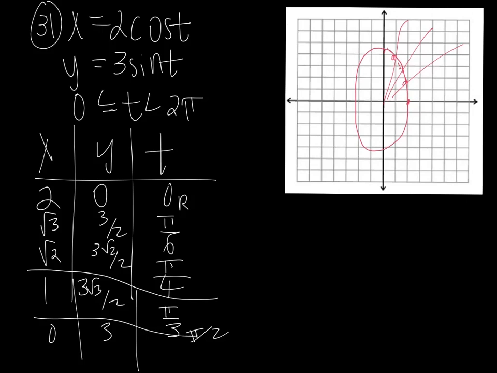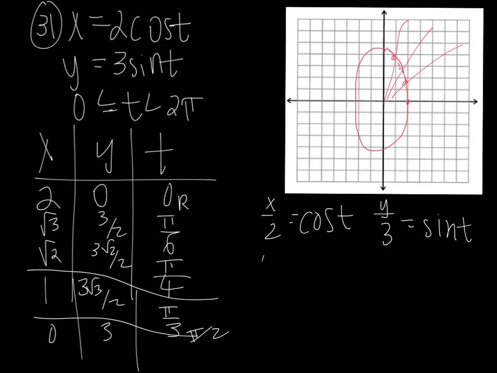But as you can see, when you find the actual rectangular form of the equation, once again with some fancy footwork, using that same idea that cosine squared t plus sine squared t equals 1, you want to solve for cosine t and sine t, so the equations become x over 2 equals cosine t and y over 3 equals sine t. Then you square both and add them.